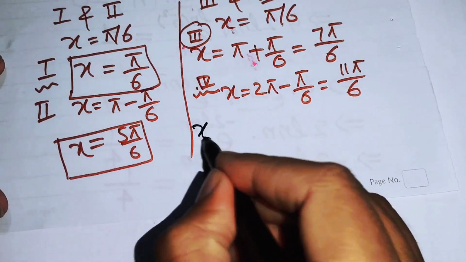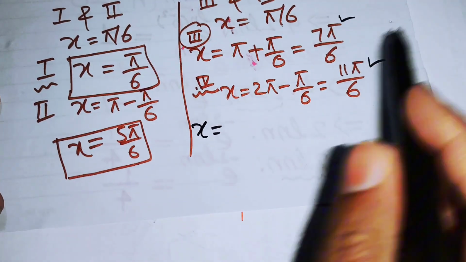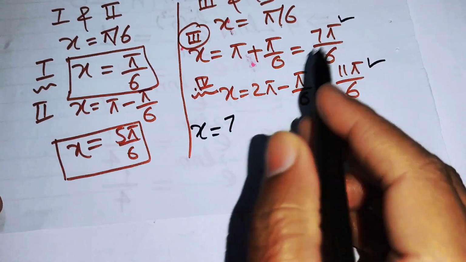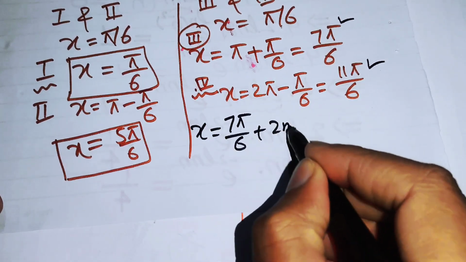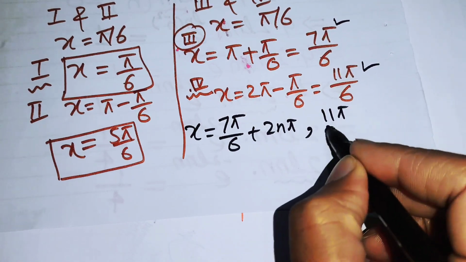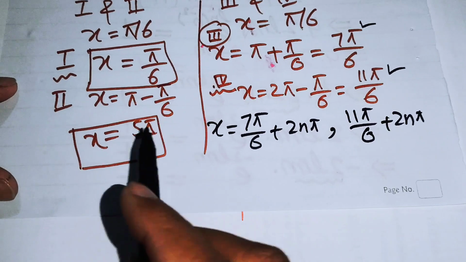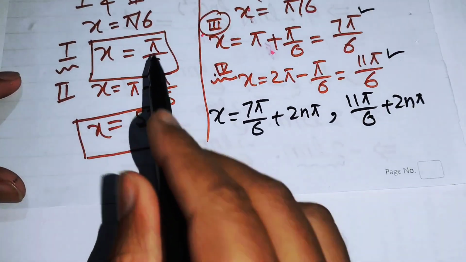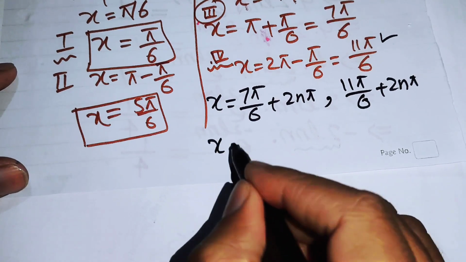So here you get these two angles, the first and second, and we can write these in general form. So you get 7 pi by 6 plus 2n pi, and in this case 11 pi by 6 plus 2n pi. And the other two angles are pi by 6 and 5 pi by 6, and we write these angles also here.